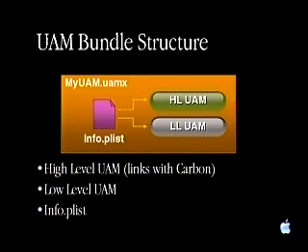Our UAM bundle is a bundle, and you can have inside of it a high-level bundle and a low-level bundle. Those things are pointed to by the Info.plist. Most of the things in the Info.plist are from the UAMG resource on macOS 9.